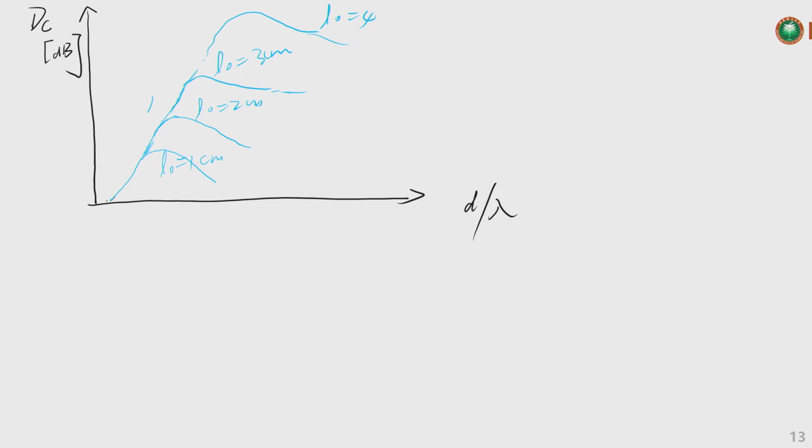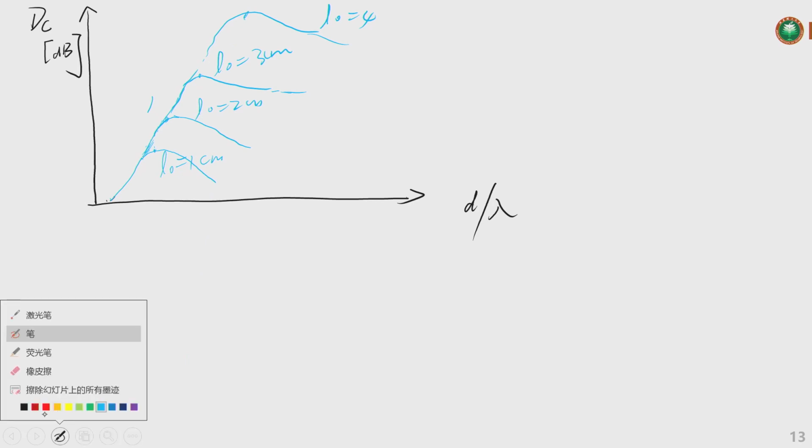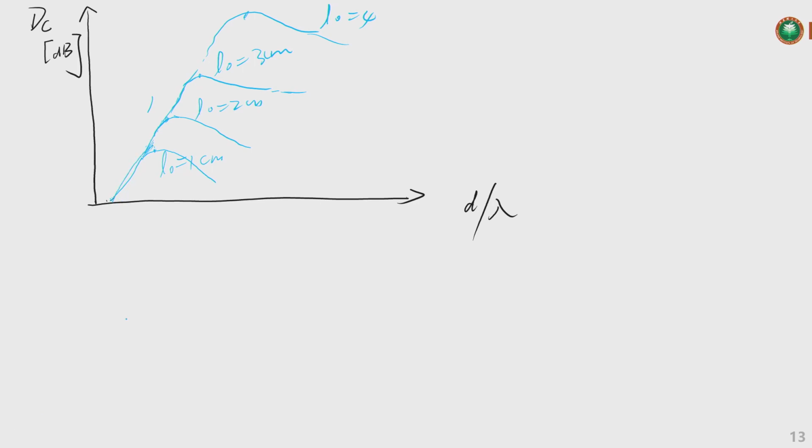So that means if we want to increase our directivity, we need to increase the aperture D. We also need to increase the axial length of the antenna. So for this equation, we get many times the maximum points, and we connect them together, and get a straight line like this one.